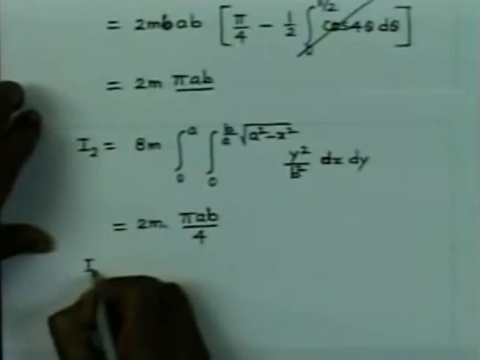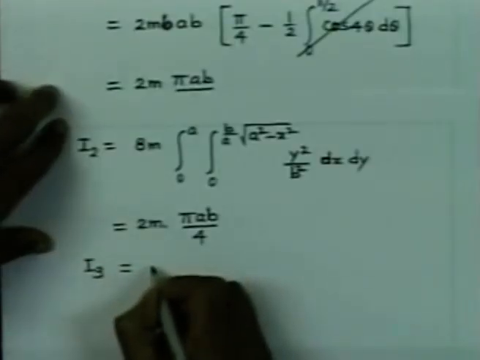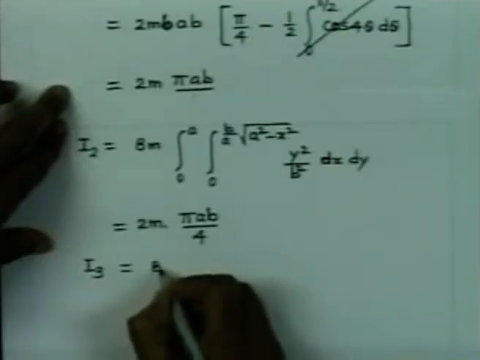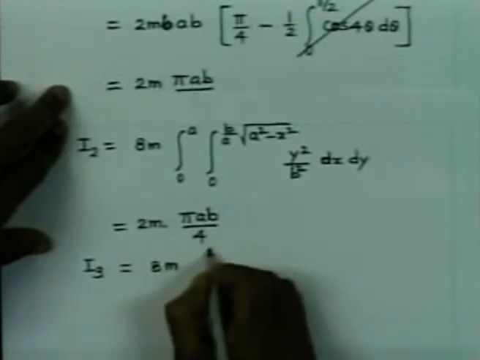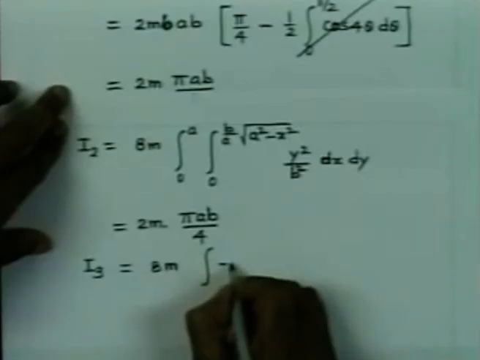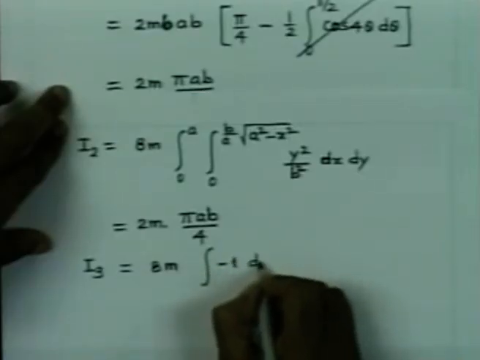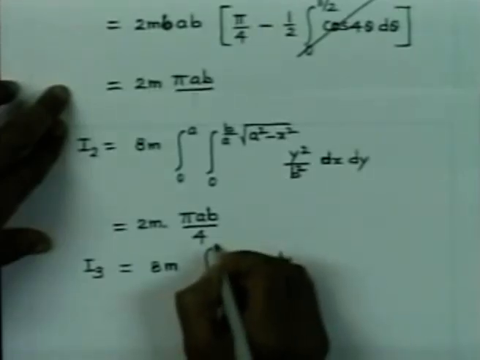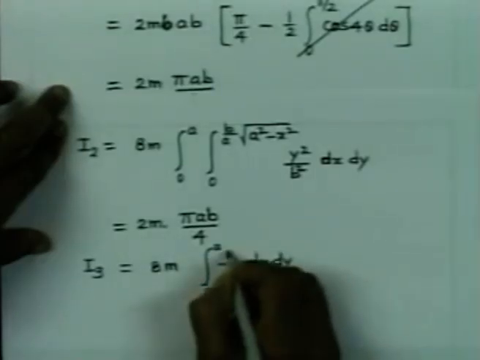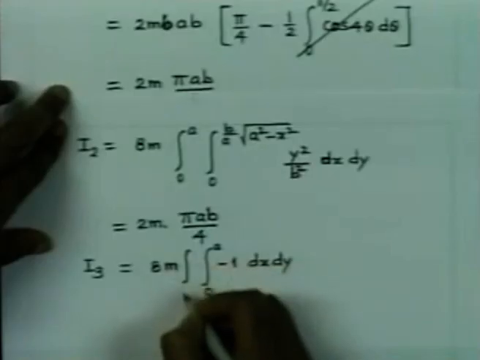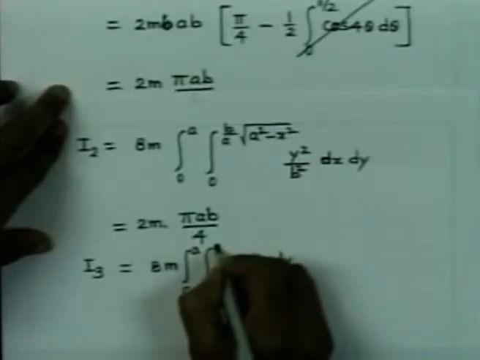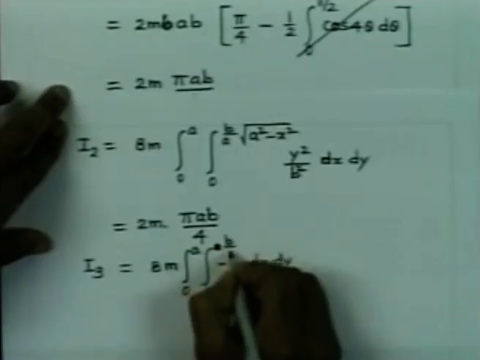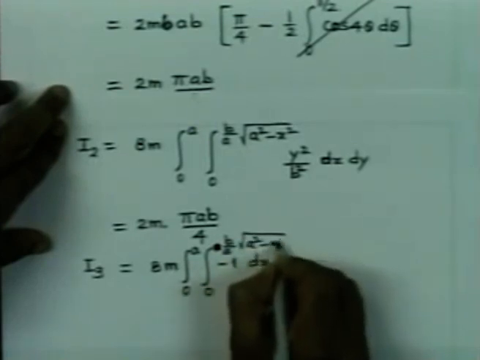The third term I3 is nothing but 8m, integration of minus 1 dx dy over the region 0 to a, and 0 to b by a square minus x square.